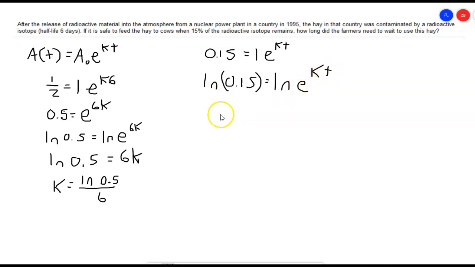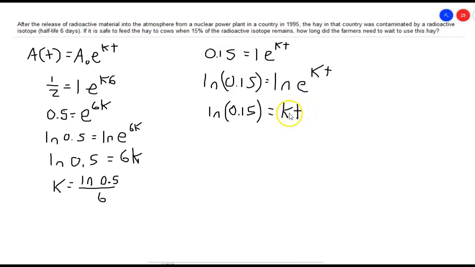Alright, once again, the natural log of 0.15 is equal to, these are inverse functions of each other, so they cancel out, just leaving me the kt.